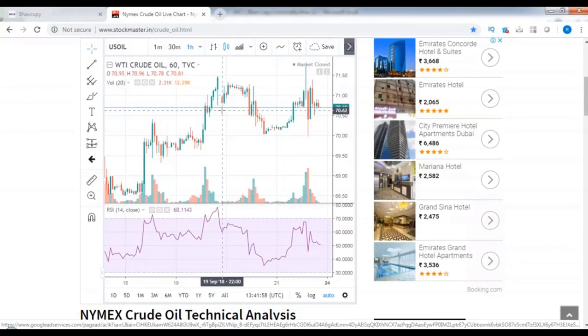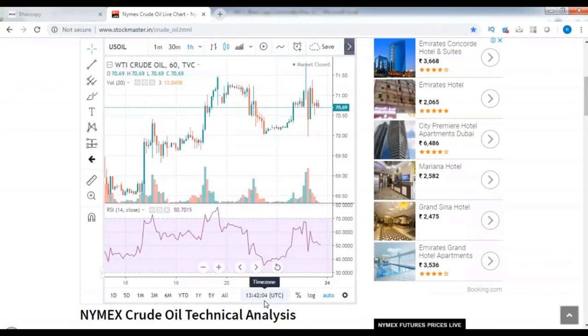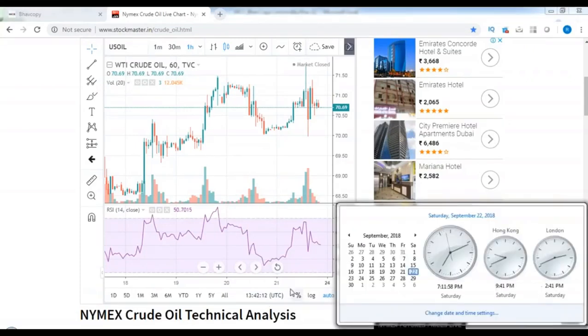You can see here it is a UTC timing, and currently it is 13:42:06, whatever it is. So you can see this timing over here. It is basically the international clock which is running. It's a European clock.